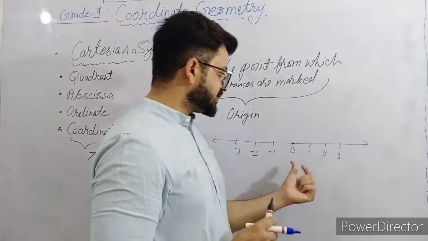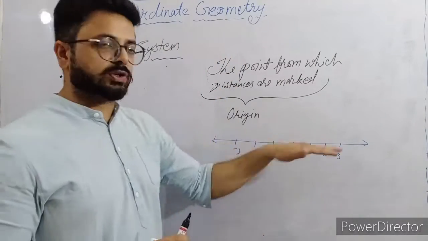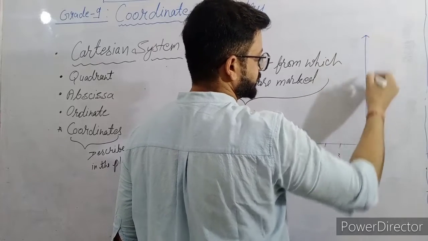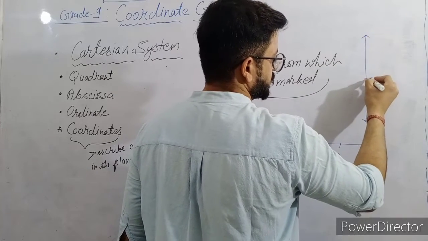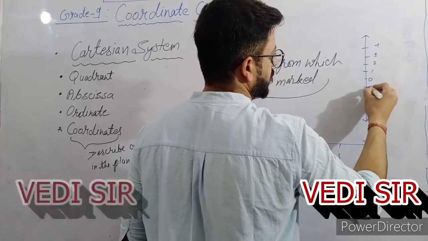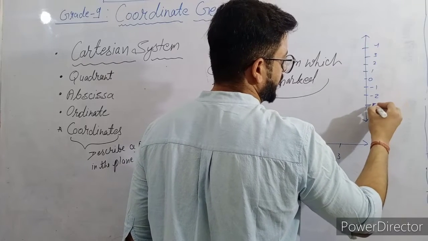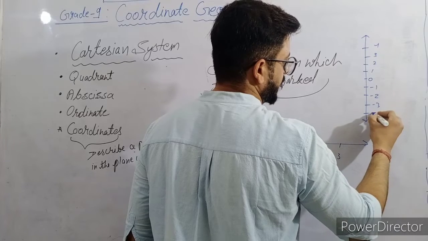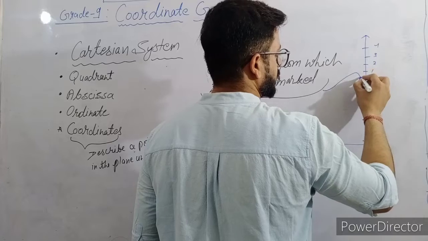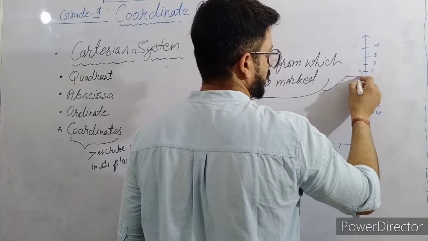Can we draw this line vertically also? This is a horizontal line. In vertical also we can draw 0, 1, 2, 3, 4, -1, -2, -3, -4, up to infinity.